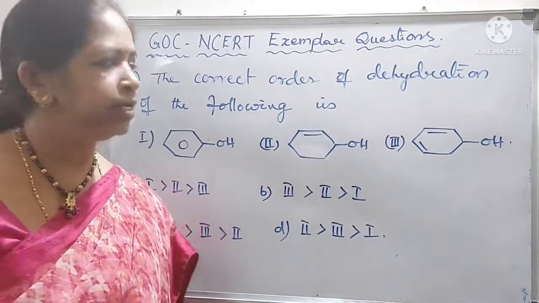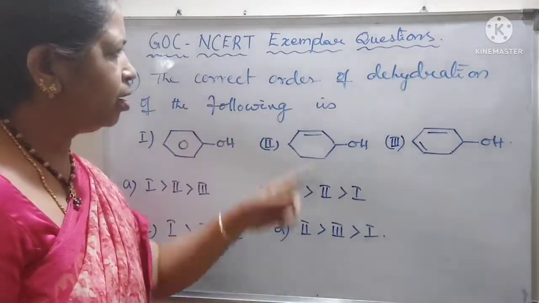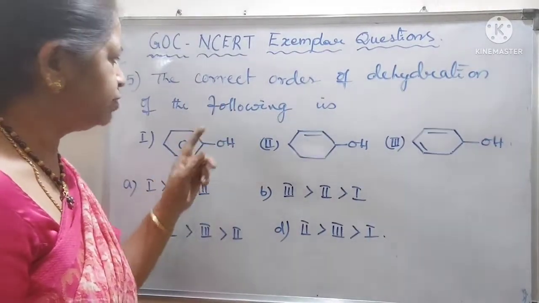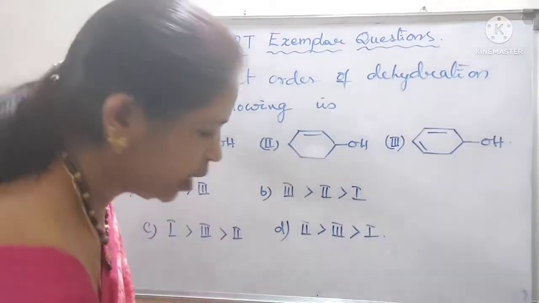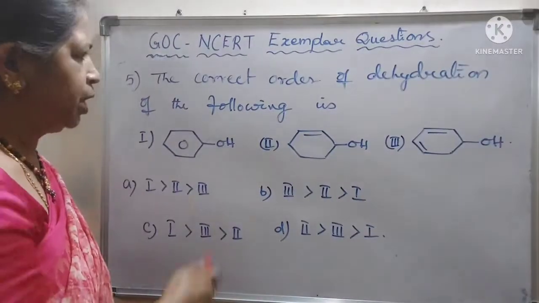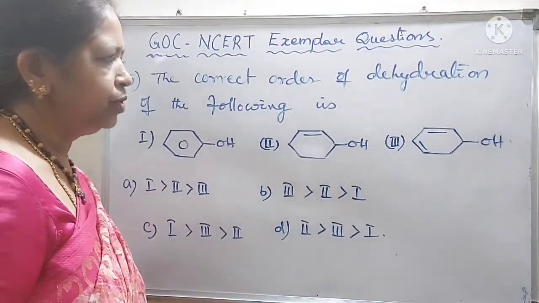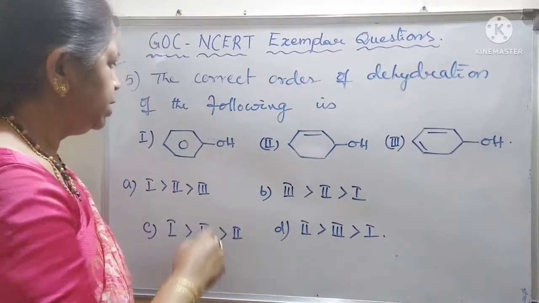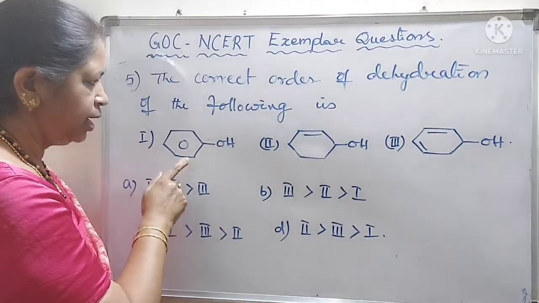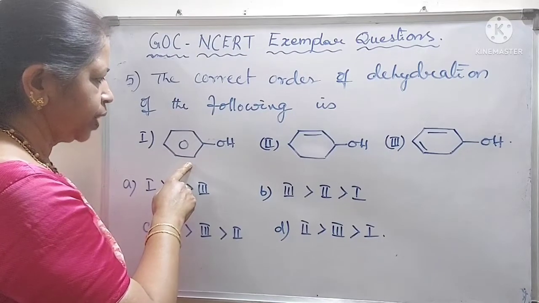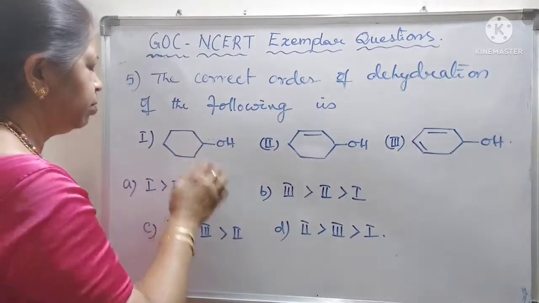The next question is the correct order of dehydration of these following three. Which undergoes dehydration faster? In this, it is already having three double bonds.